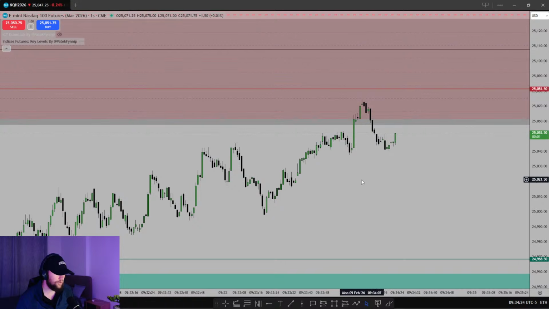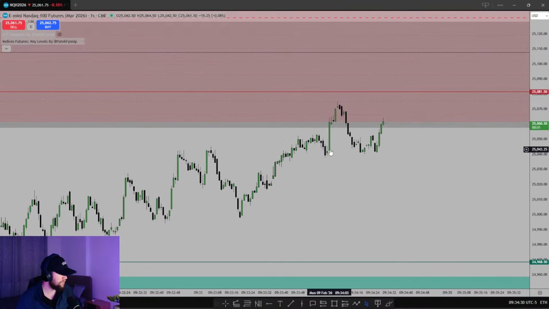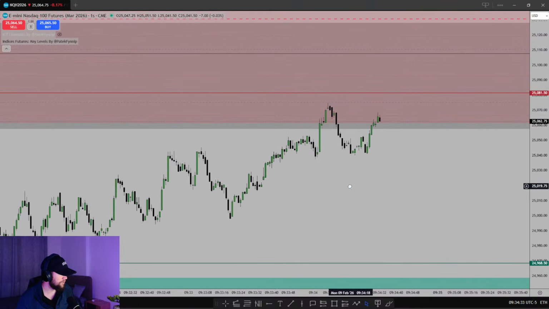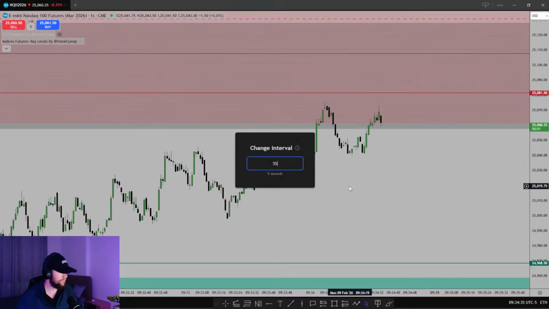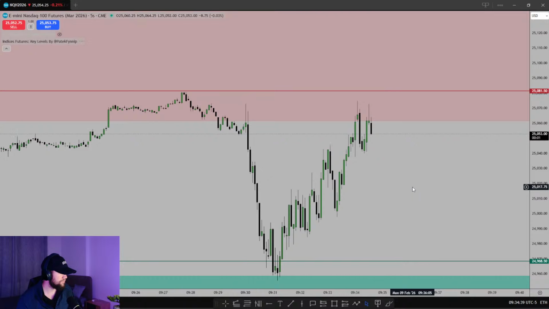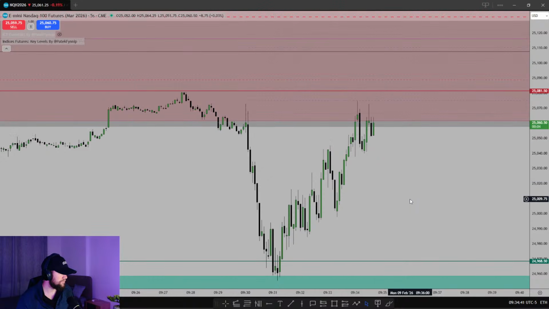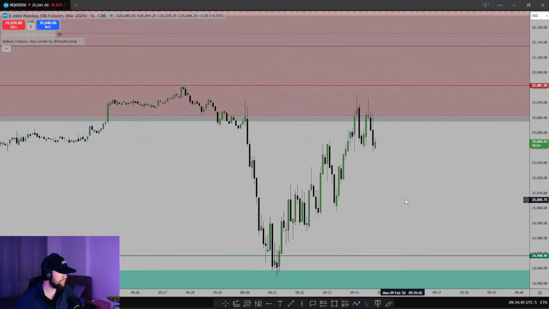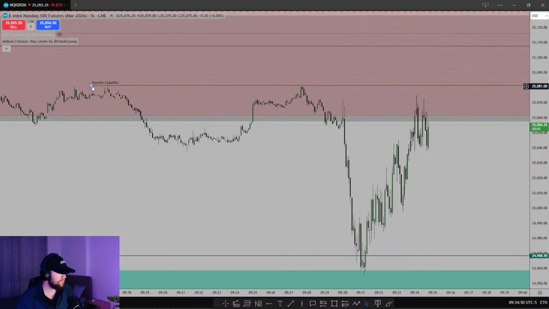If you can go lower than 1 second, this would be a great study here. Sell-side liquidity raided and then this upside movement. The buy side is still intact.